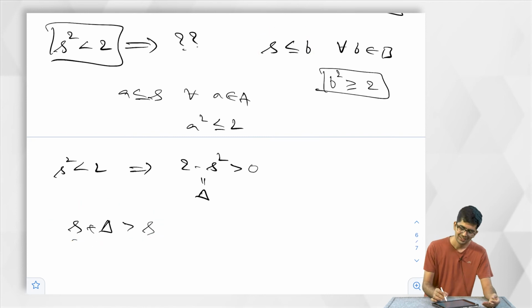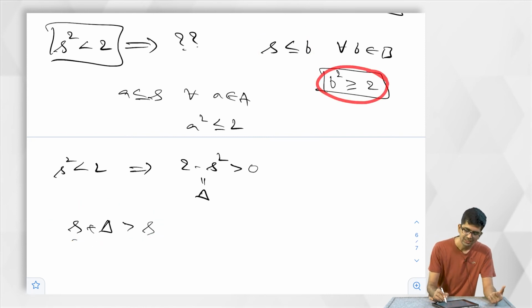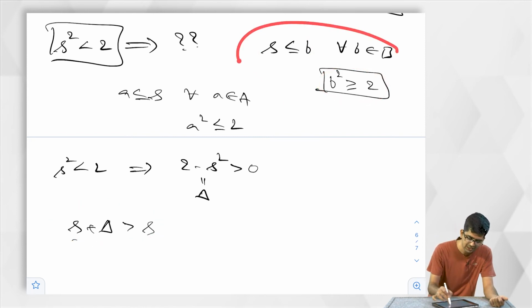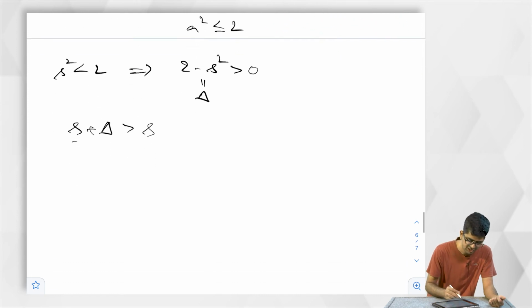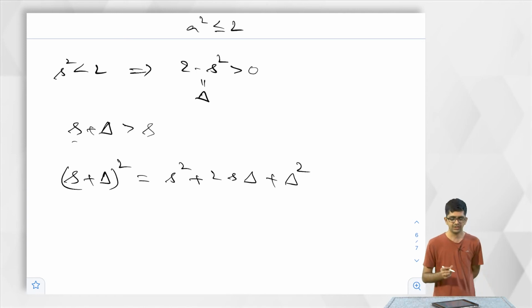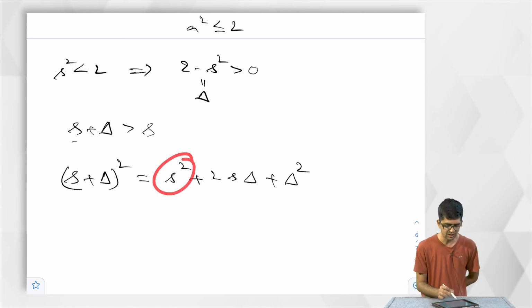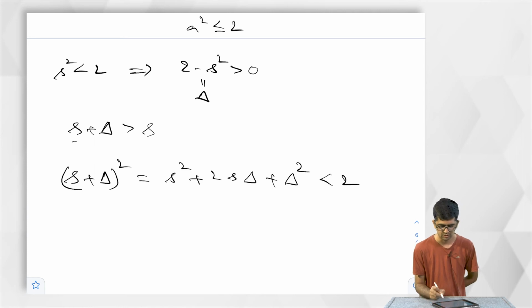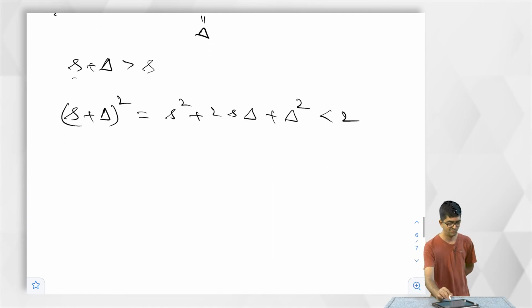Now I need to check that (S plus delta) square is less than 2, then this contradicts this condition. So let us check what happens to (S plus delta) square. What is this? S square plus 2S delta plus delta square. All I know is that just the first component is less than 2. I do not know anything about this; it is not very clear whether adding this still keeps it less than 2.